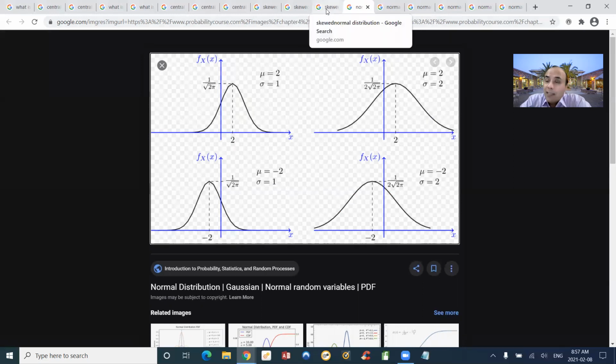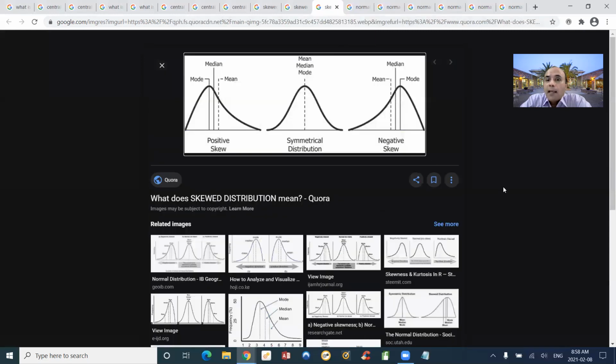But the reality is, even the class grade I was giving you as an example is not going to be symmetric. It's not going to look like a very nice symmetrical distribution. For example, in many classes, you will see that the mean is 85%, right? And then many people are on this side, and then there will be some people here, but this is going to be negative skewed.